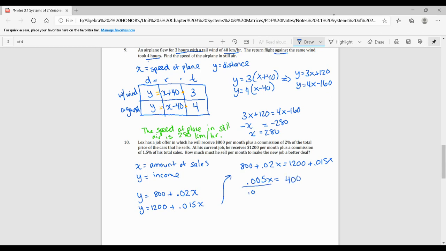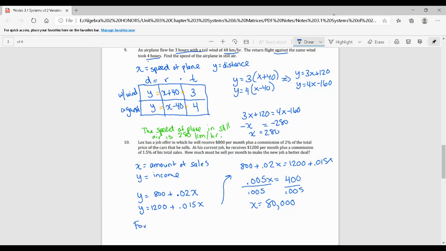Now we divide. And this gives me x equals 80,000. So this is saying for the amounts to be the same, we would have to have $80,000 in sales.